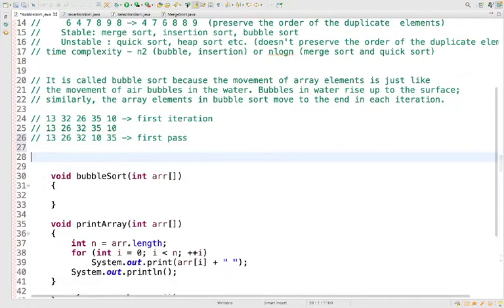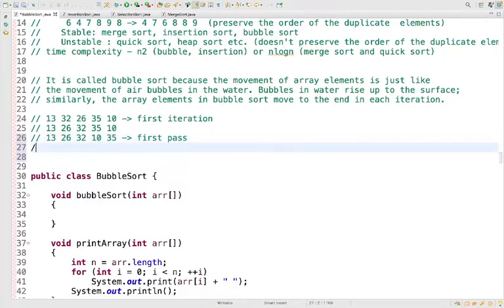Now in the second pass the same thing happens again. We'll go till the nth pass where we get a sorted array. So again we compare 13 and 26. They are perfectly normal. 26 and 32 are perfectly correct because 26 is less than 32. Then we compare 32 and 10, and we find that 10 is less than 32, so we swap these numbers and then we reach 35.